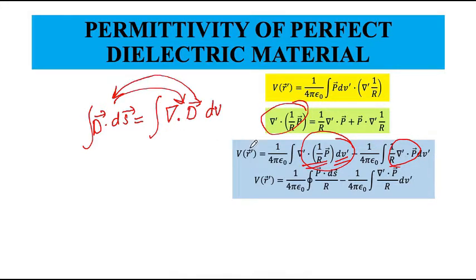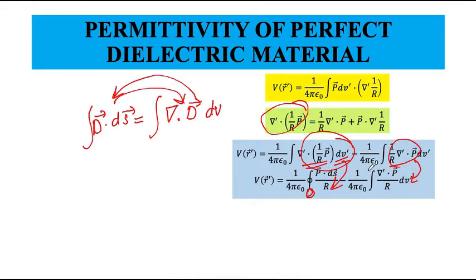So this becomes P dot ds by 4 pi epsilon naught r, and this integral must be closed over a surface that the dielectric material is bounded by. So the dielectric material is bounded by the surface S, which is what we are considering, and this volume integral can be replaced by a surface integral, and this will not change anything.